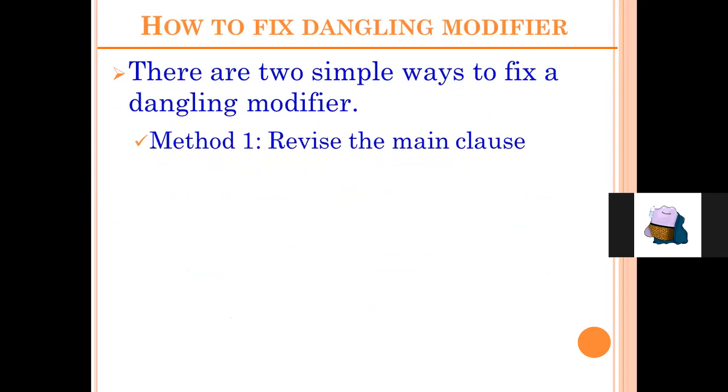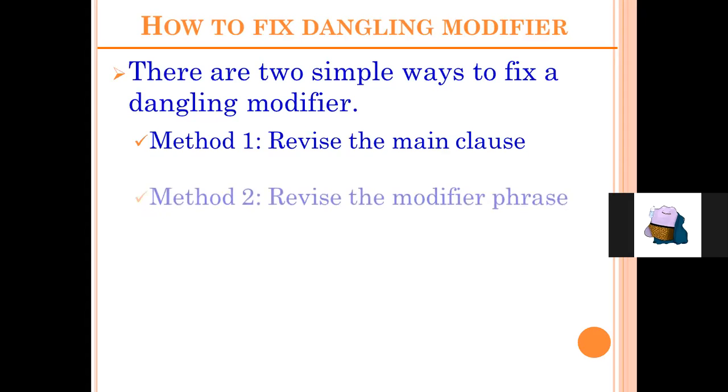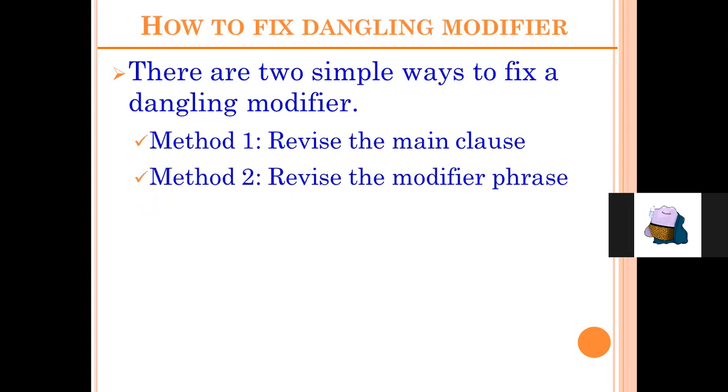There is no specific rule for you to change or revise the main clause, but whatever you can do in order to make your modifier able to modify, we can do it. And the second method is that you have to revise the modifier phrase. Yeah, one, you have to revise the main clause, and another one, you have to revise the modifier phrase.